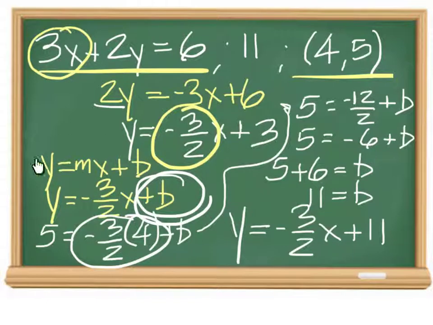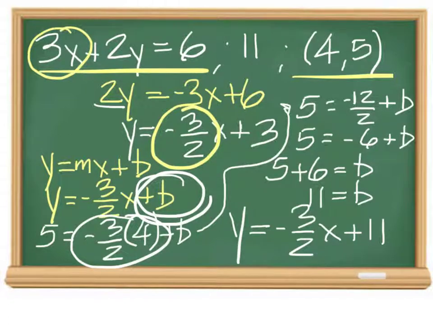And then you want to create an equation that has the same slope in this form, so use that slope since it's parallel, and put the slope here, and then plug in these 2 points. 5 is y, 4 is x. Simplify this to get negative 12 over 2, which is really negative 6. Move this to the left, change the sign, simplify to get 11, and put that 11 in there to get your final equation.